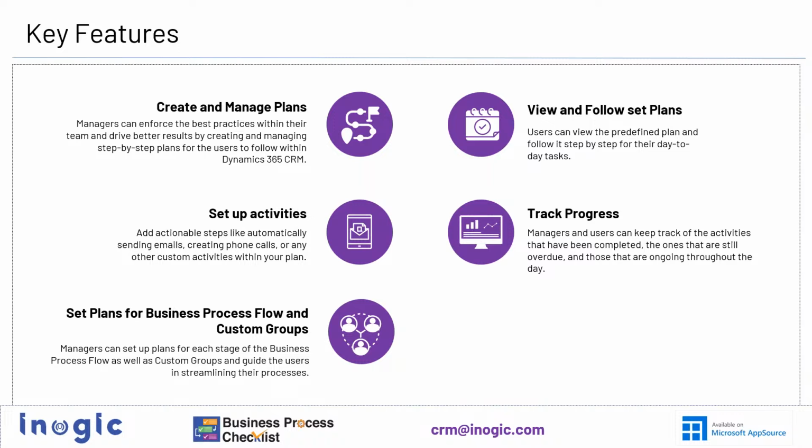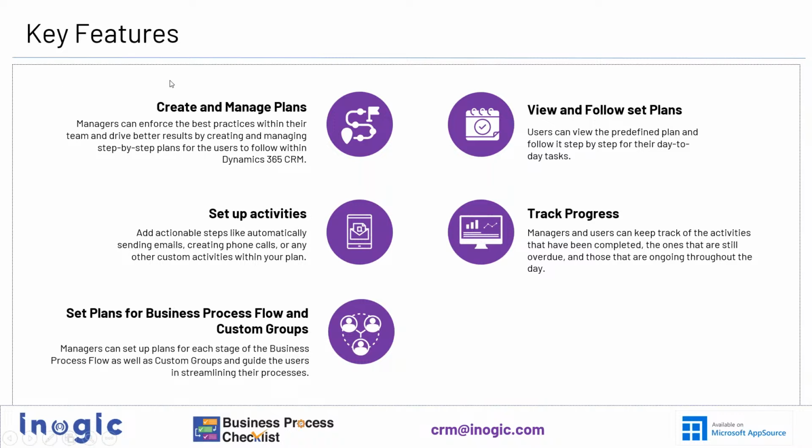With the business process checklist, managers can create a step-by-step plan that outlines the exact procedure team members should follow. Now, this ensures that everyone is on the same page and adhering to the most effective strategies.